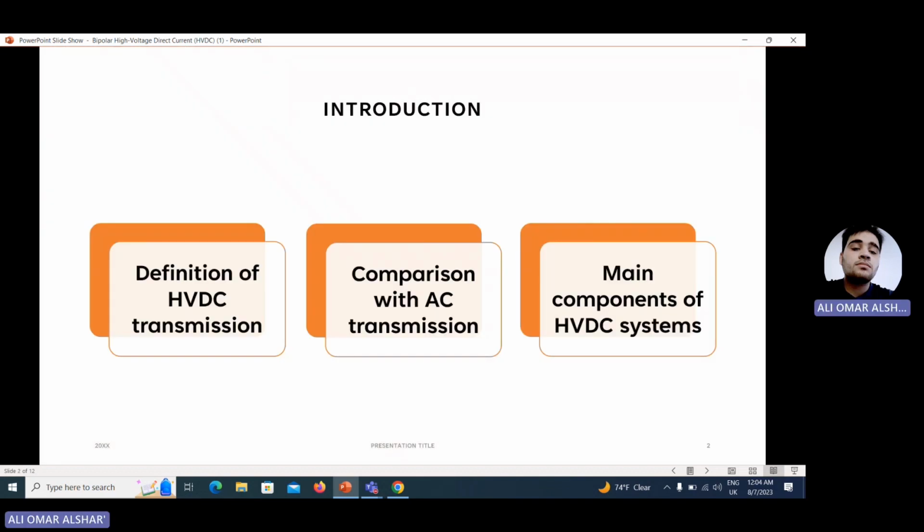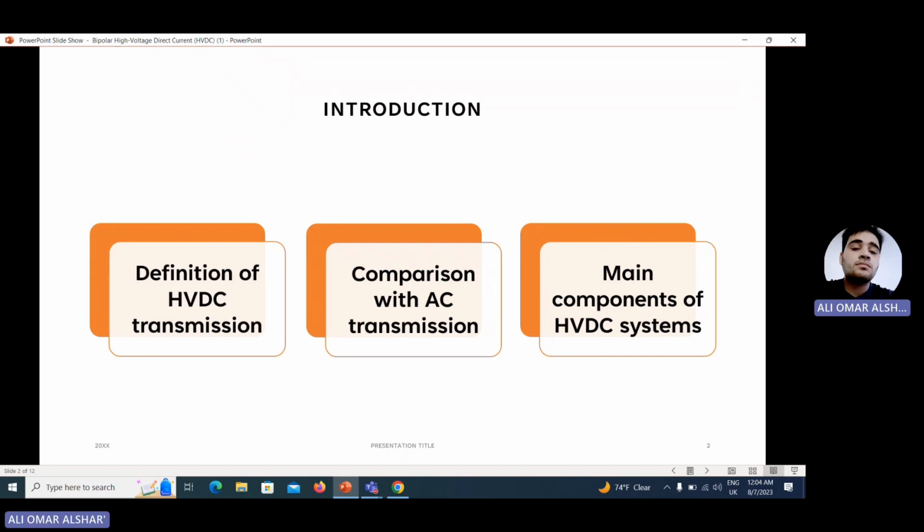As the introduction, first of all, the definition of HVDC transmission lines. We are using these systems to transmit power between two cities, and usually we use them to transmit high power over long distances between these cities.